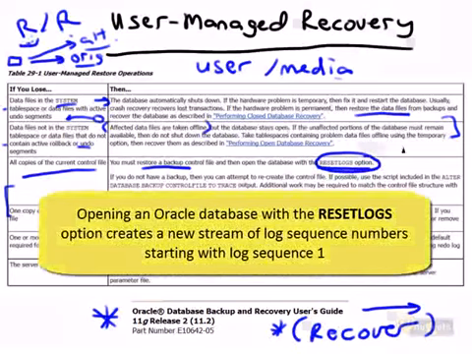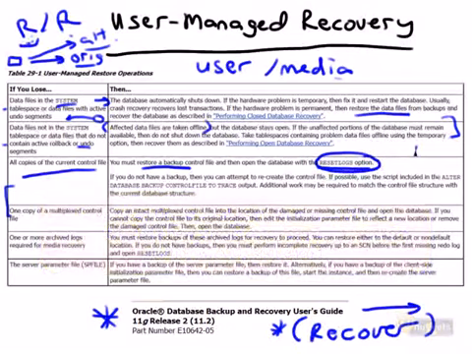When we open a database with reset logs, essentially it sets the database to just a new path. All of your system change number incrementation and all that gets reset, and you're starting completely fresh with a new incarnation of the database. If we do not have a backup of the control file, which I hope would, again, not be our situation, we can attempt to recreate the control file. That is an absolute last-ditch effort, though.